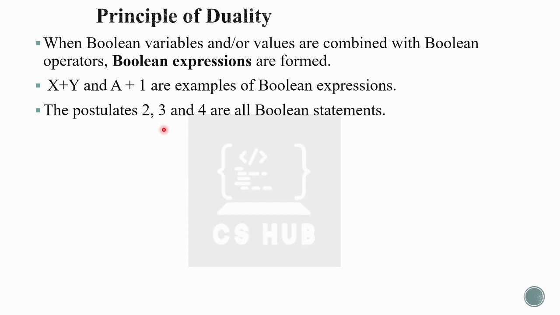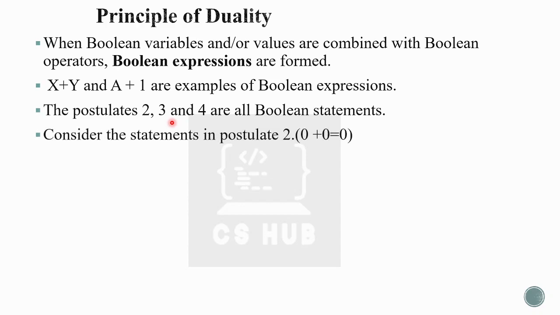Because postulate 2 was like 0 plus 0 equal to 0, 1 plus 1 is equal to 1. So all these statements are Boolean variables combined with a Boolean operator, so they are also known as Boolean statements or Boolean expressions.